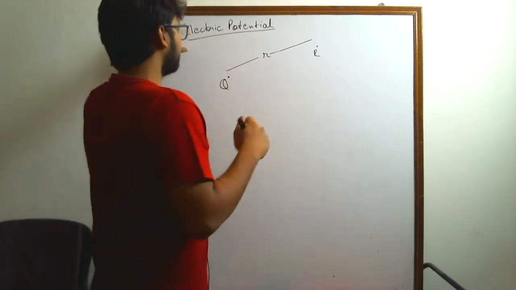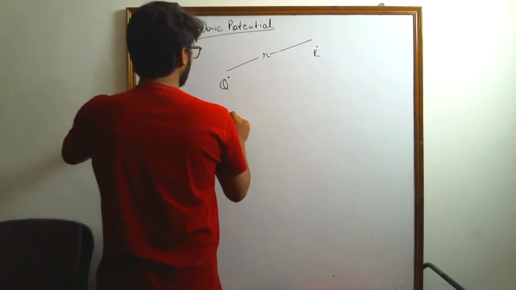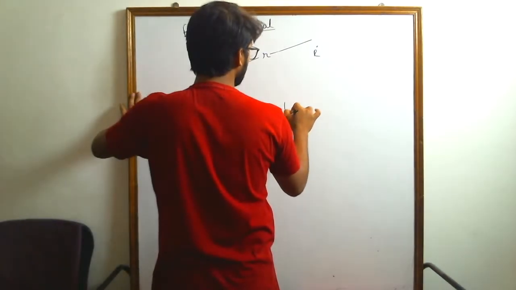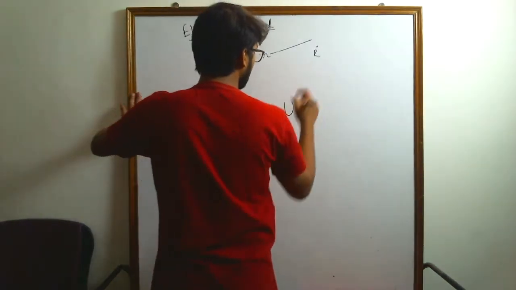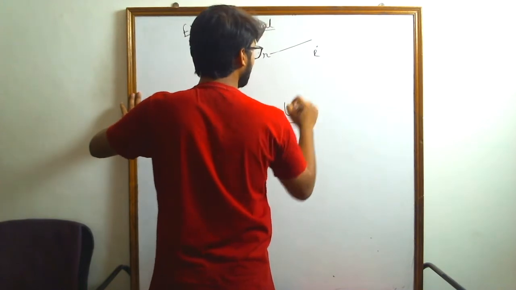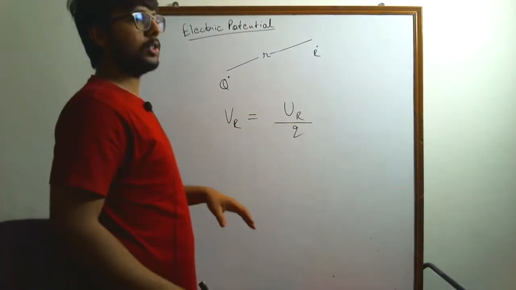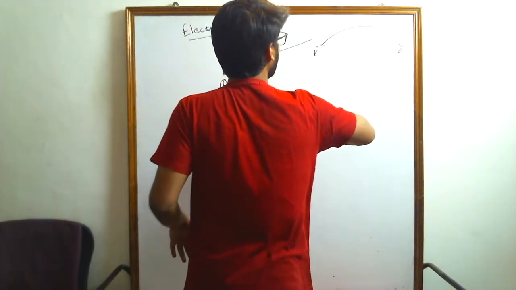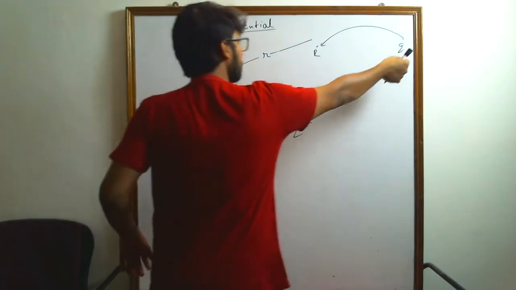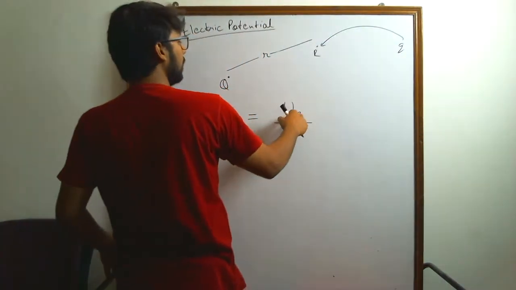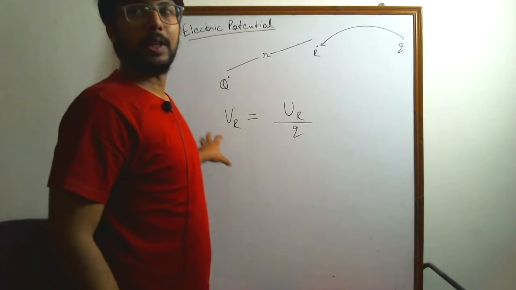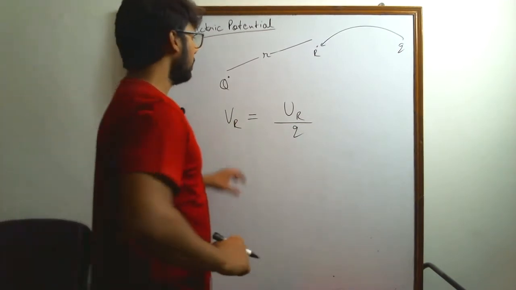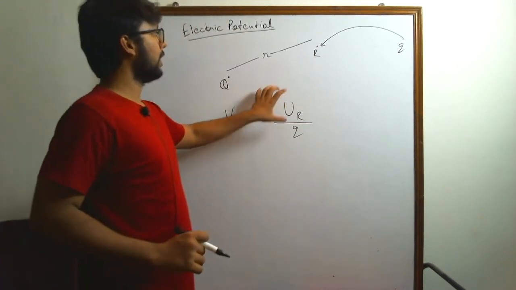So V at R is equal to U at R divided by whatever charge that we are bringing. Suppose we are bringing Q charge from infinity to this point, so that will be the work that is done, that is U_R divided by Q. Okay, so this is my electric potential at this point.